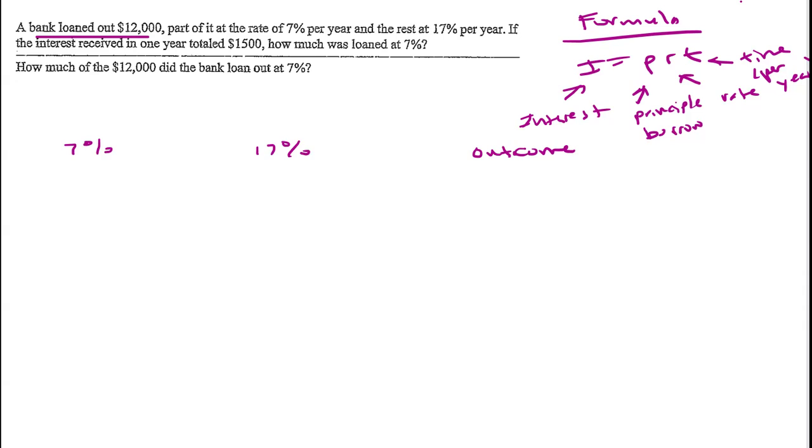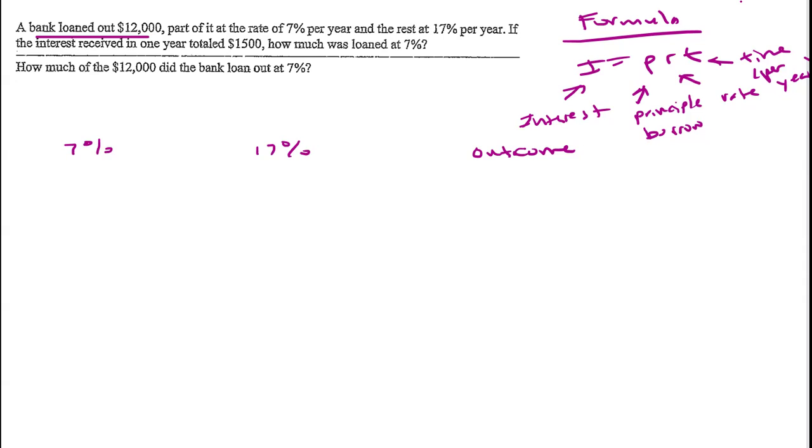So one of them needs to be X. Remember, we talked about a scenario where if I had $100 and I gave student A $40, what does student B get? It's 100 minus 40, which is $60. Total them together, it's the $100.